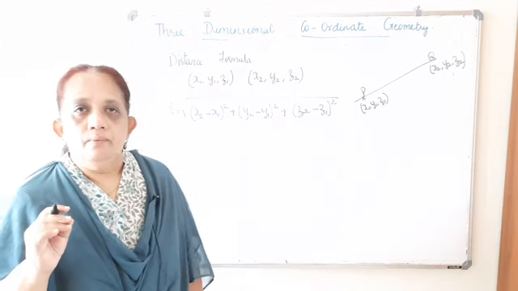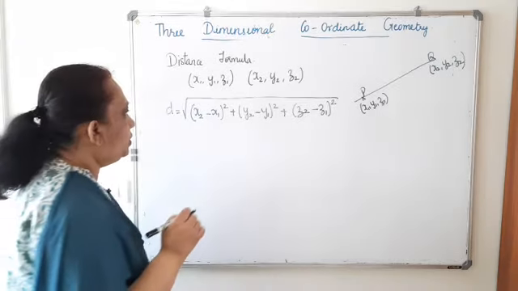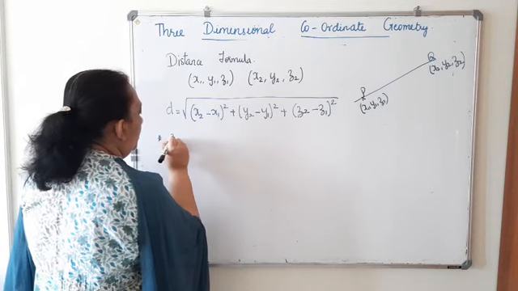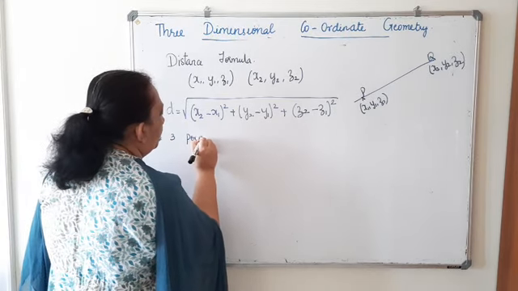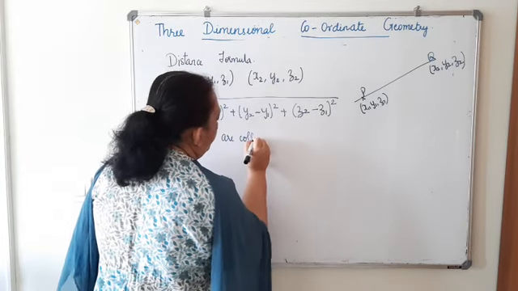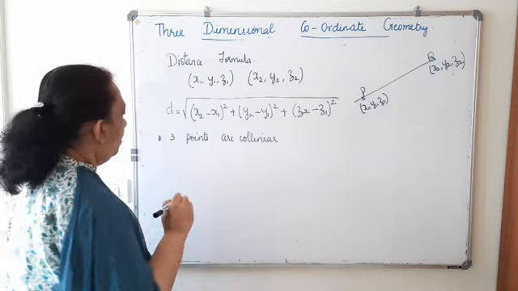Now, where do you use this formula? Suppose you have to show that the 3 points are collinear, we make use of this formula.